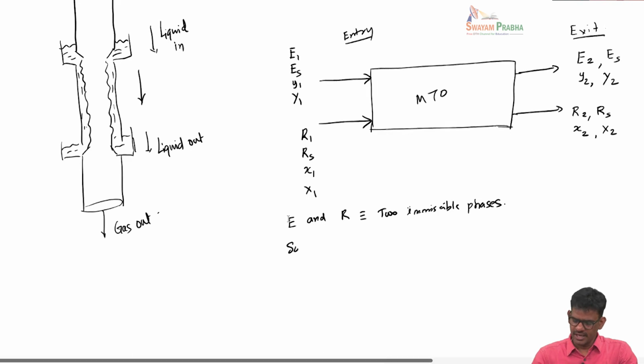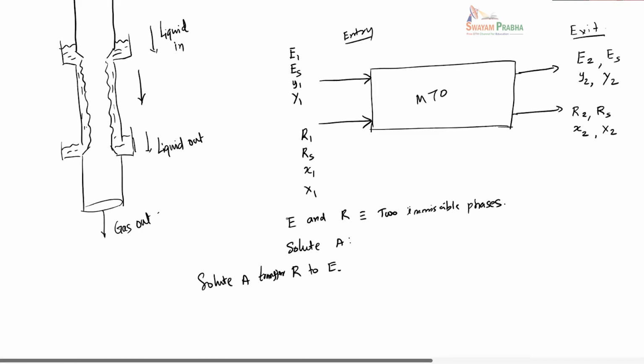Now there is a solute A. This is transferred from R to E. This is the premise, the condition that I'm going to write. You can also do it from E to R subsequently, but if you do R to E, E to R is straightforward.